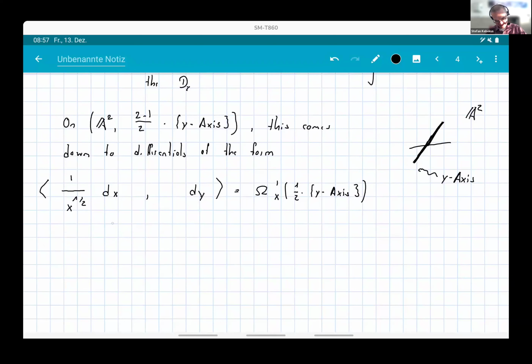But again, you might ask, what is this? Because as we all very well understand, the root function doesn't exist in complex analysis. So the main problem here is x to 1/2 is not a well-defined function.